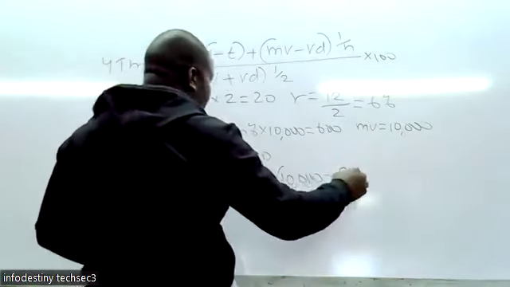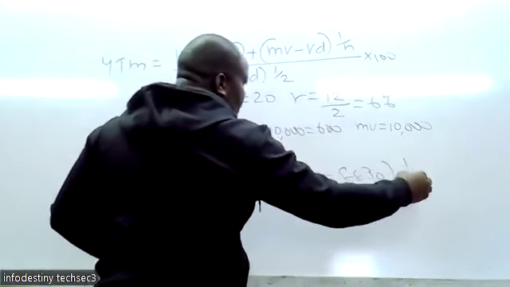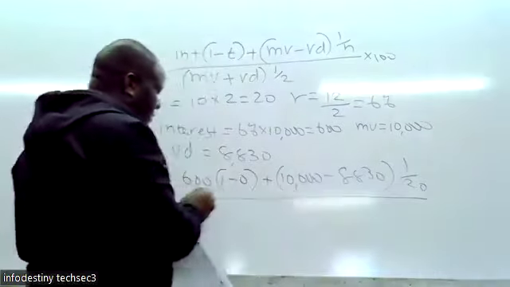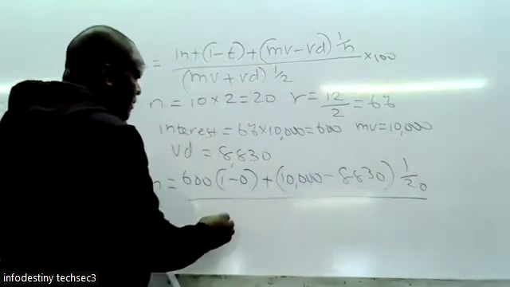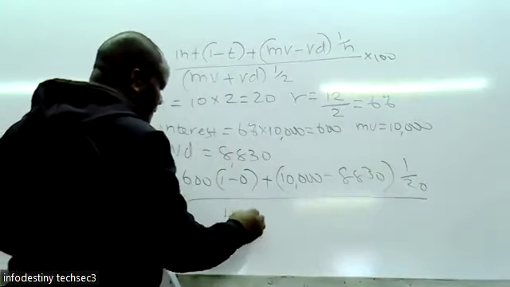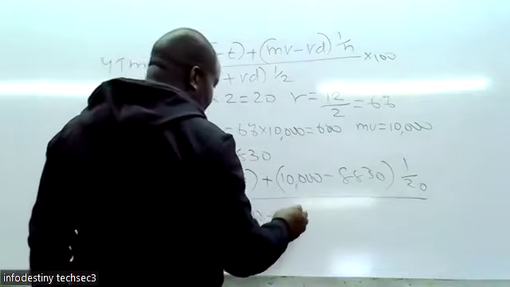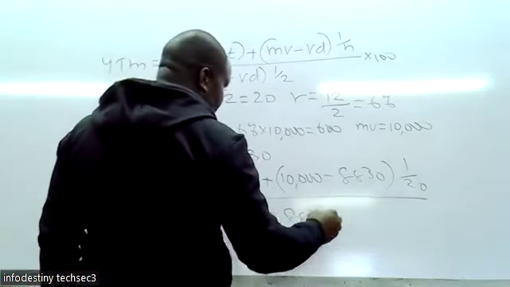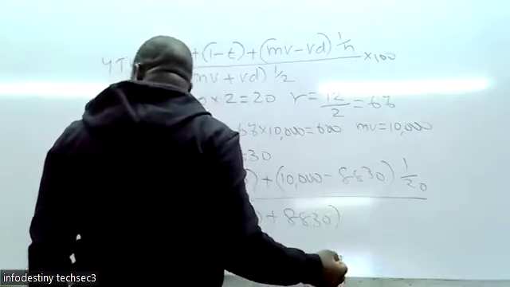Then you minus 830. 1 over 20, then is 20. Then we also divide by 10,000 plus 830. This one you multiply by half.